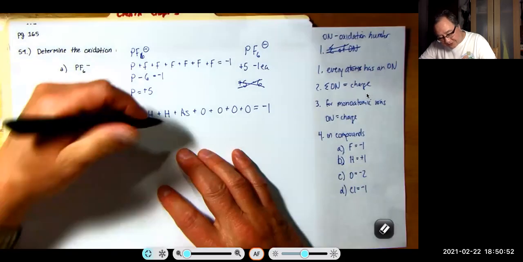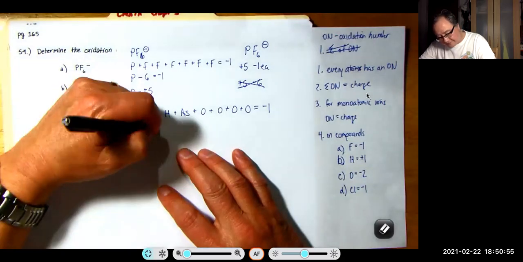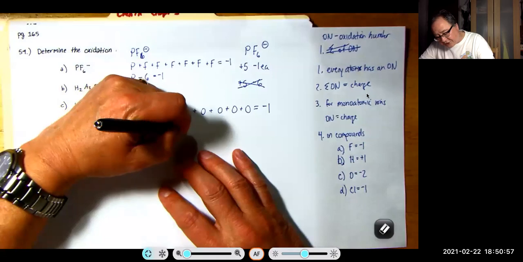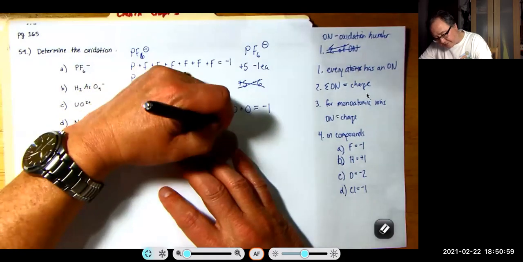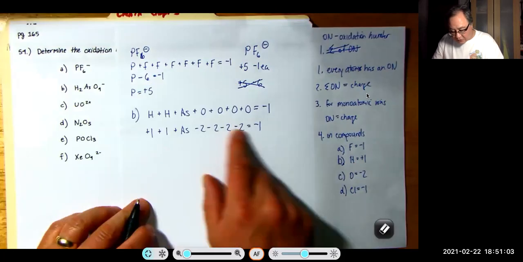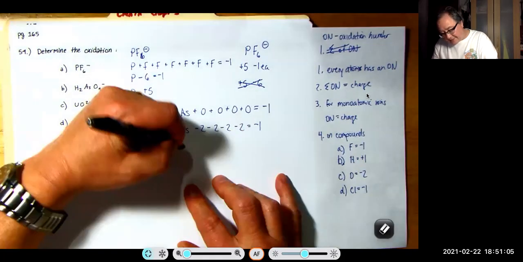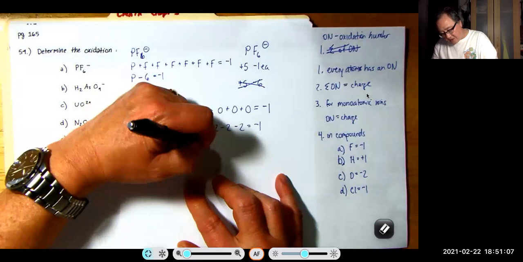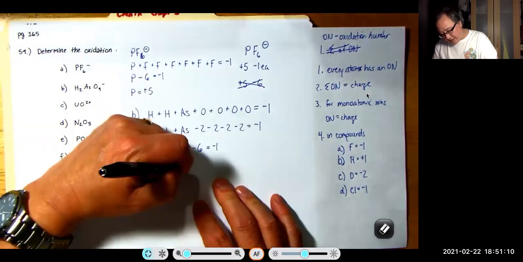Hydrogens are +1s. Oxygens are -2s. So if we add up all these -2s and all these +1s, we get -6, and the arsenic is +5.